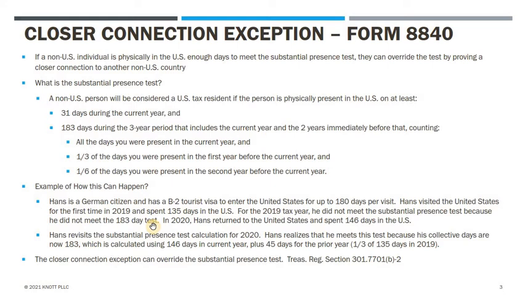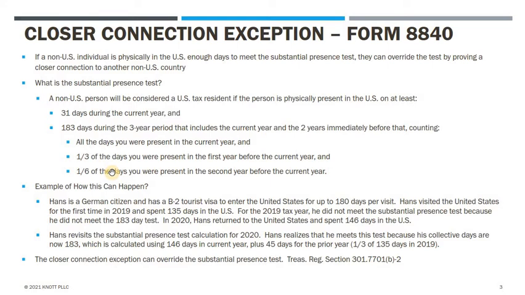So if we're looking at 2019 and we're applying the standard, okay, he was in the country for more than 31 days during that current year, but he didn't meet this test down here, which is the second piece, right? So he was under 183, but he had 0 for the 2018 year, and he had 0 for 2017, right? Because remember, it's a 3-year look back.